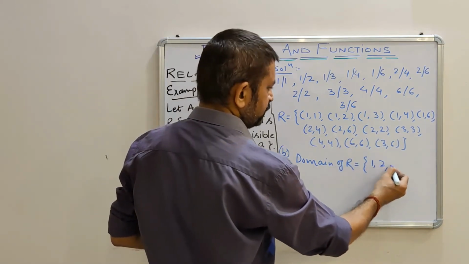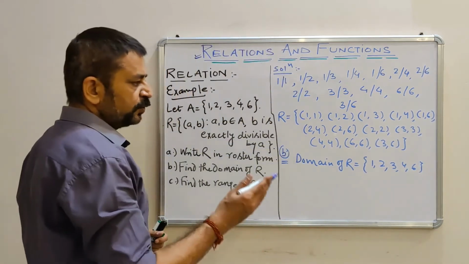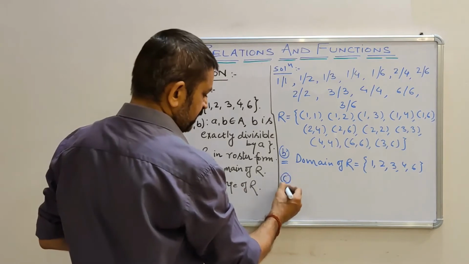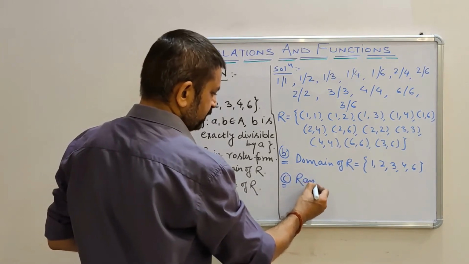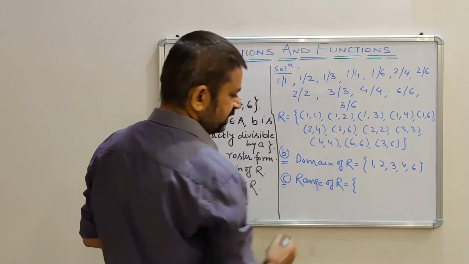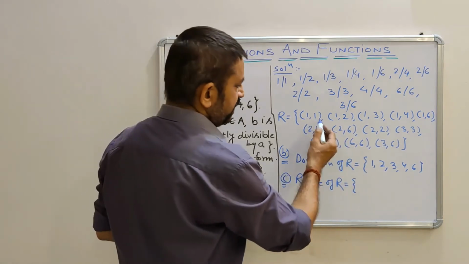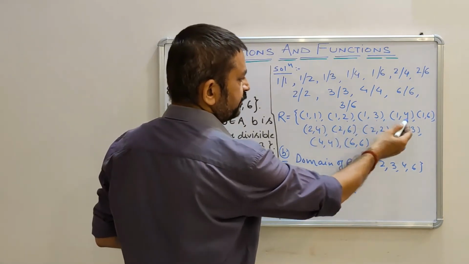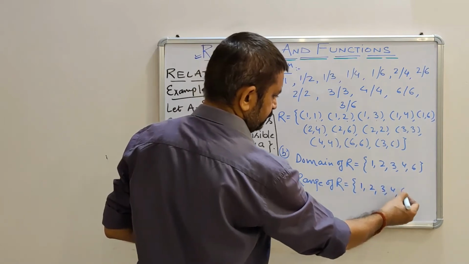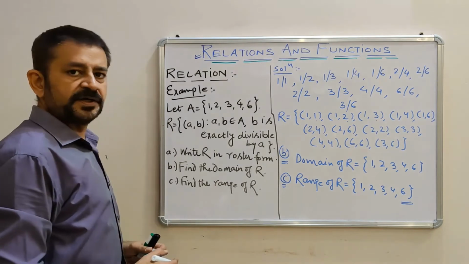So this is the domain, the set of all first elements in R. C part, find the range of R. What is range? Set of all second elements in R. Again it is 1, 2, 3, 4 and 6. This is how we are going to find the domain and range of R.